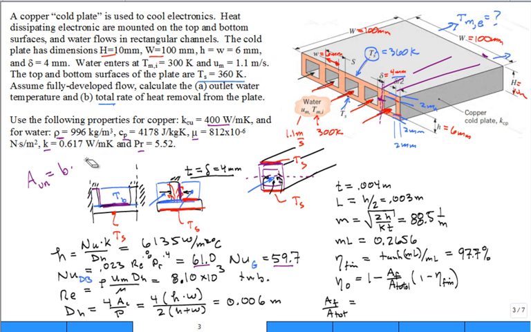Using a different length, I better use W here. W is the length that you go down the channel, and the area of the fin for that one passage is going to be 2 times L times W. So when we add them together, the area of the fin is 2LW.